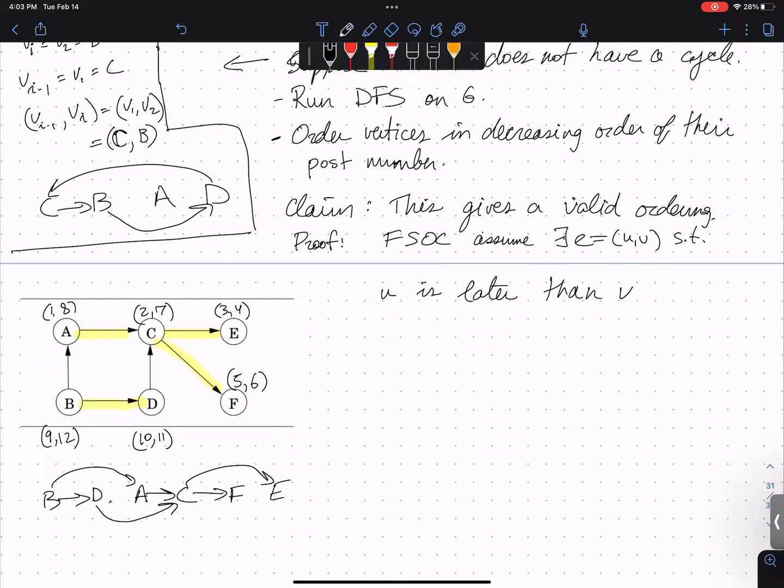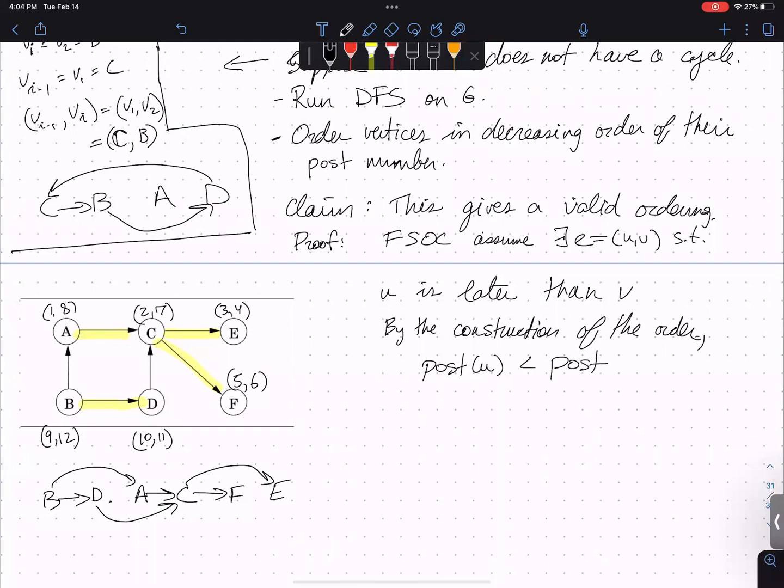So from U to V, where U is later than V. What can we say about that? Given the way we constructed the ordering, by the construction of the order, in other words, in decreasing order of post, we should have that post U is less than post V.